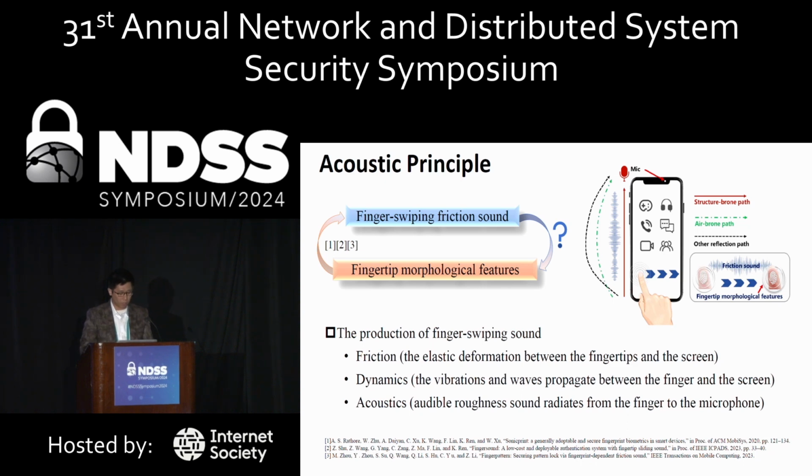First is friction, the elastic deformation between the fingertips and the screen, which is highly determined by our genes. Second is dynamics, the vibration and wave propagation between the finger and the screen. Last is acoustics, the roughness sound radiated from our finger to the surface of the phone, which propagates through the air or a soft medium.